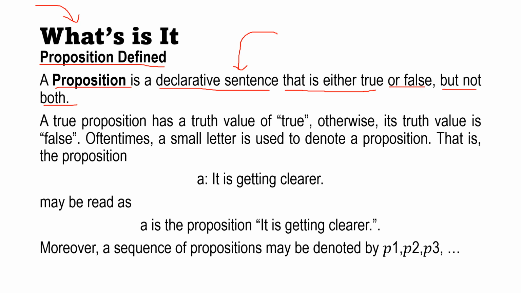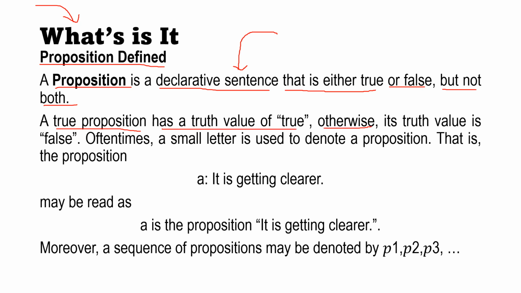Again, when we say proposition, it is a declarative sentence, not an interrogative, imperative, or exclamatory. It's solely a declarative sentence that is either true or false, but not both at the same time. Now, a true proposition has a truth value of true.